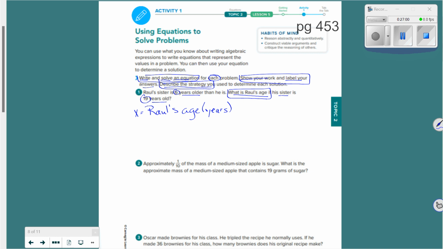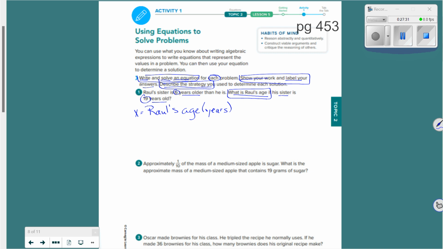So if I know his age, she's 6 years older. I need to subtract from her age, from his age to find her age. Hold on, guys, one at a time. I'm just repeating what you have said. You're saying if I know his age, I'm going to subtract 6 from it to find her age. Because she's older.